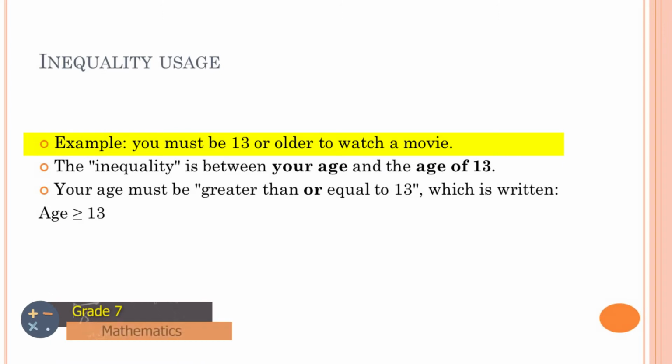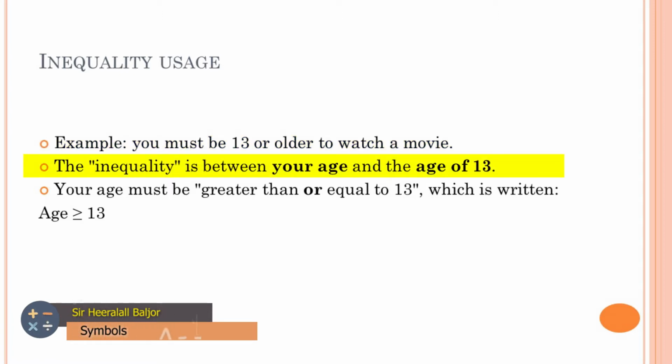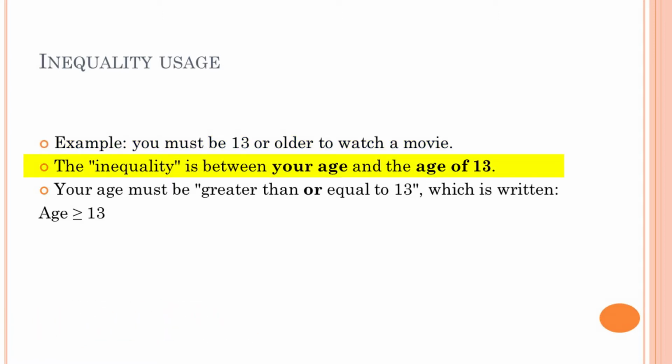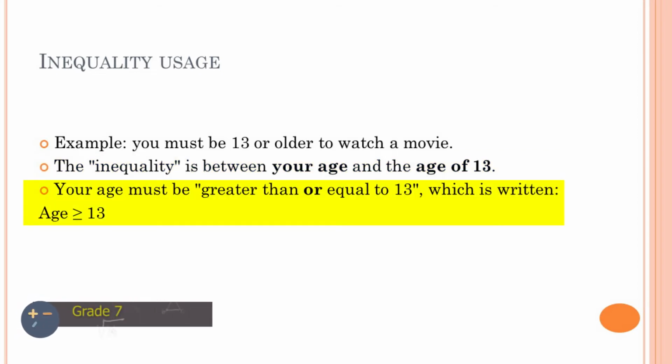Another example. You must be 13 or older to watch a movie. And we have all experienced this, haven't we? The inequality is between your age and the age of 13. Your age must be greater than or equal to 13, which is written as age is greater than or equal to 13. Let us back up and look at the example again.